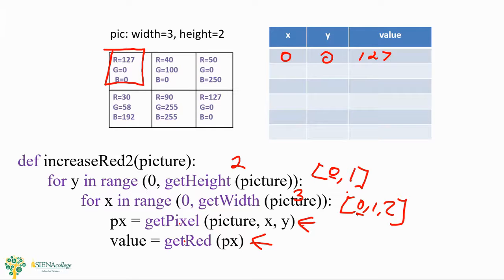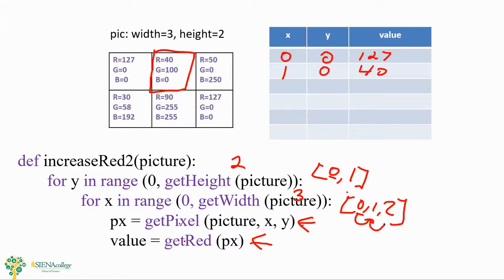We're then going to go to the next item in our list for x. So y will stay 0, but x will become 1. So we're going to go from the upper left pixel to the top row, middle position. We'll get the pixel, and the red value there is going to be 40.